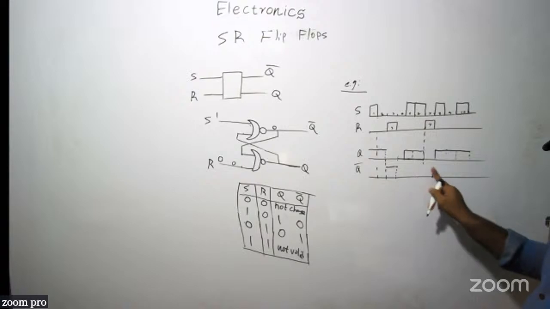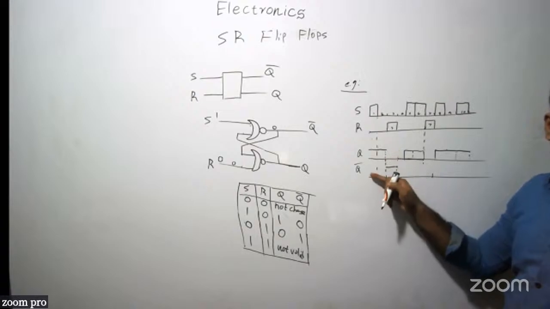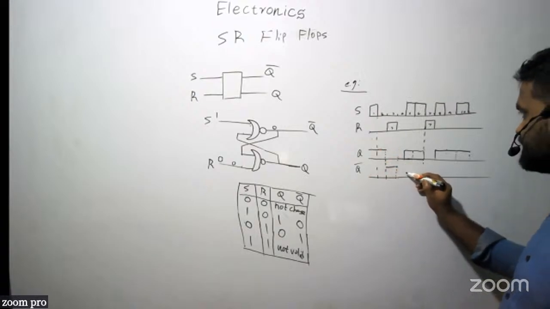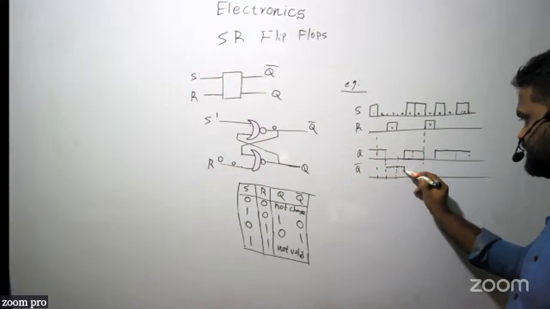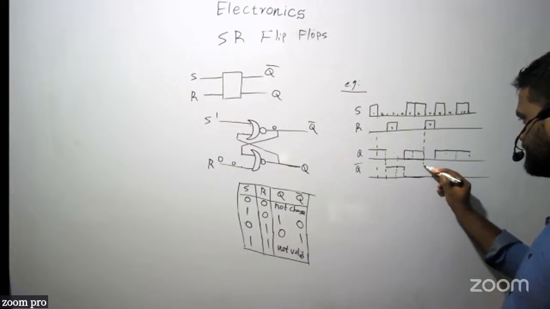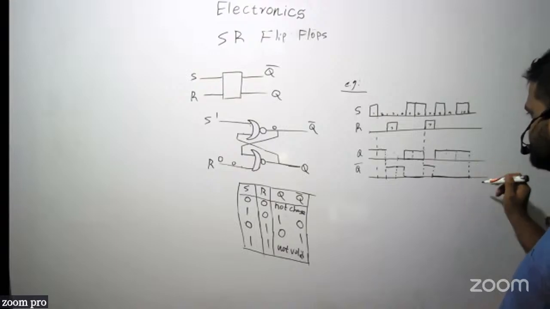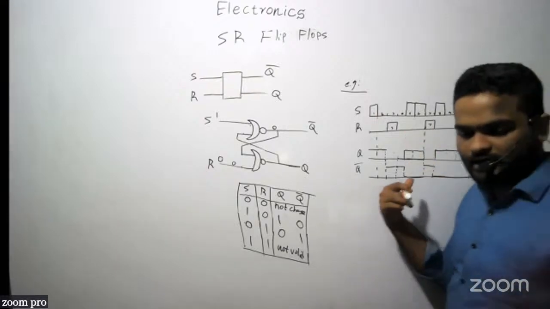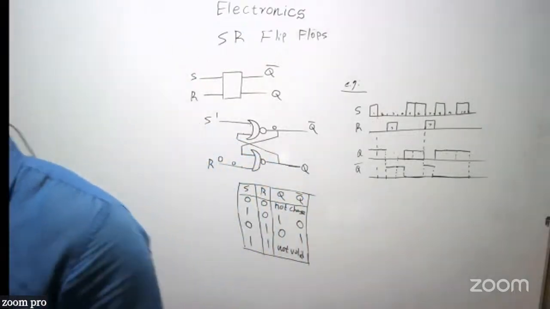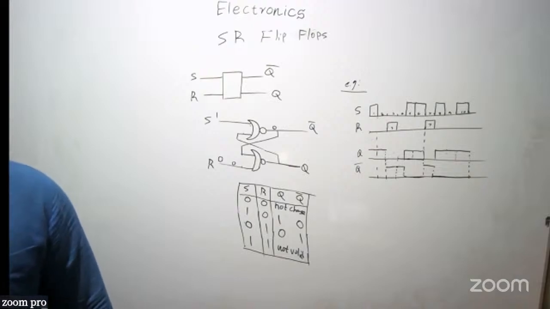So what happens is you get the opposite of this Q. So opposite means 0, here 1, here also 1. Then these two 0, 1, 0. Got it? So that is the output regarding the flip-flop. If you understand this, then you can clearly understand flip-flops, right? Take it down.